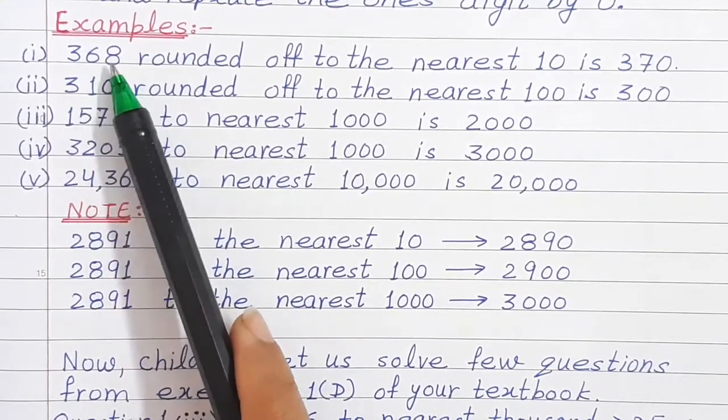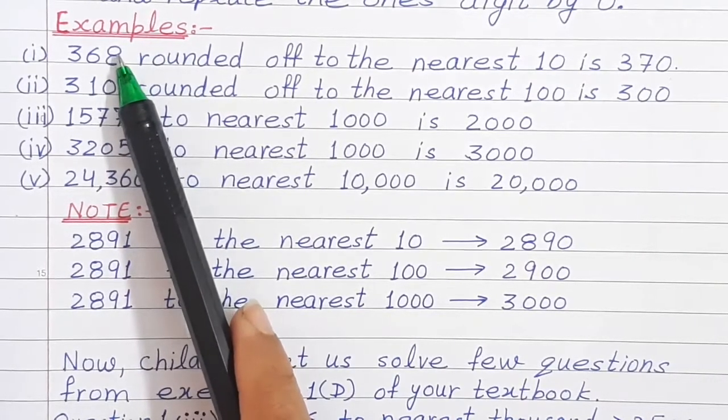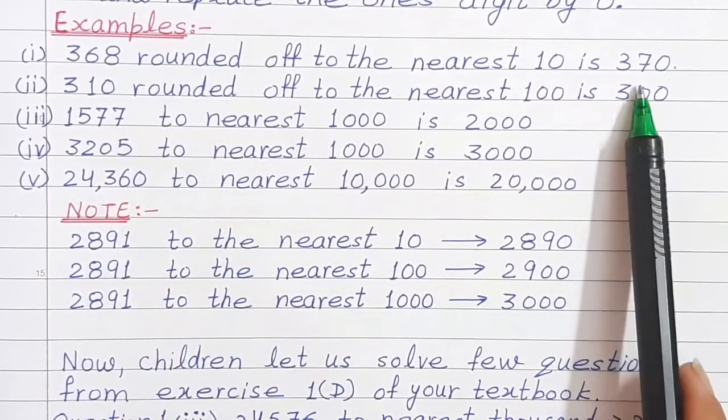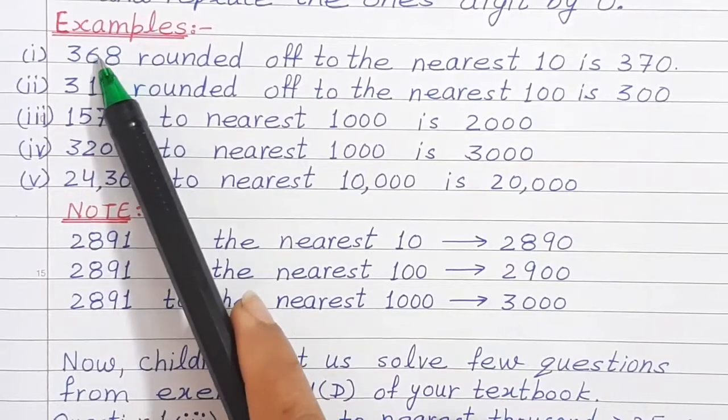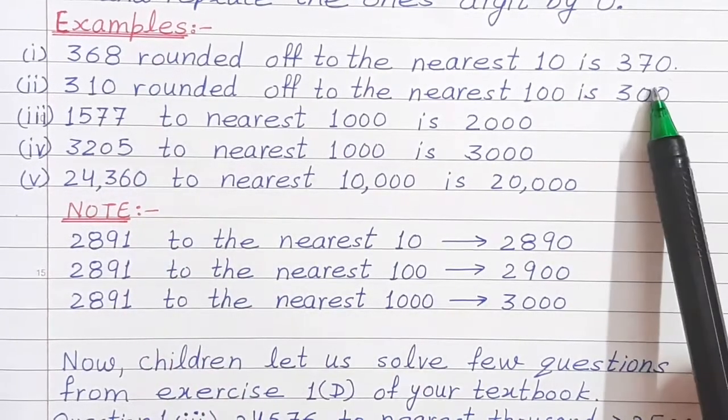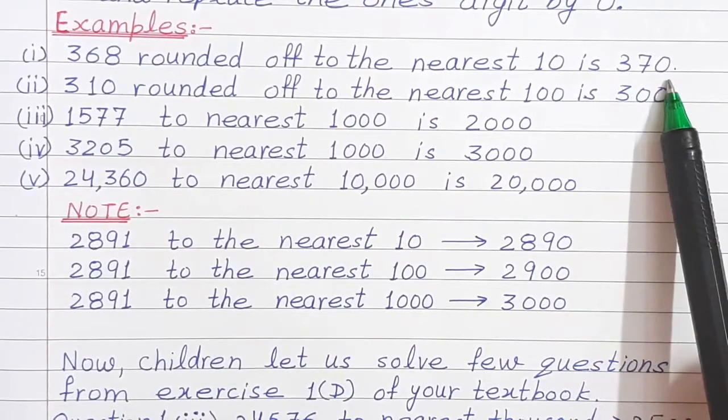Now if the digit is more than 5, then this 68 will be near to 70 here. As per the rule, we will increase the previous digit by 1. So 68 is near to 70. So 370 is the answer.